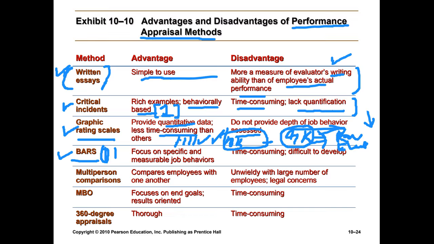It focuses on specific and measurable job behaviors, like how much they are anchored toward the job, what their specific behavior is, are they punctual, are they cooperative, do they like their job or not.